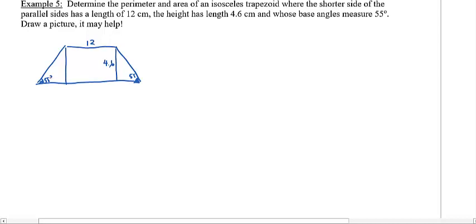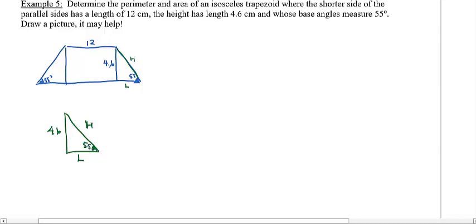The question is find the perimeter and the area. We need to find out both of these, which I'll call L, and this part here, which I'll call H. So focusing on this triangle here, 4.6, L, H, and then this is 55 degrees.